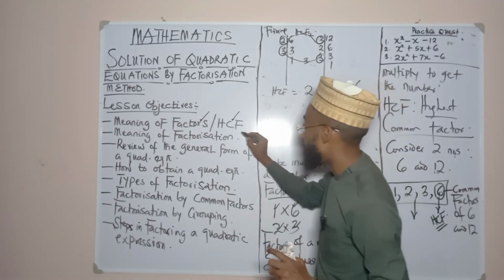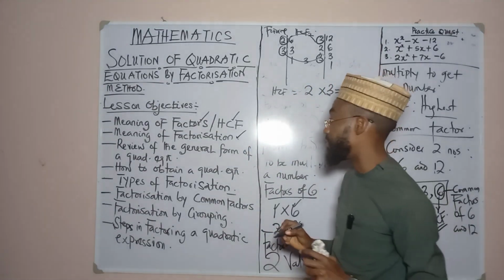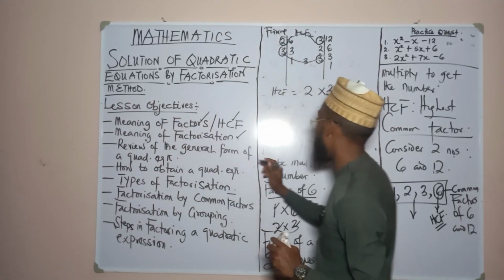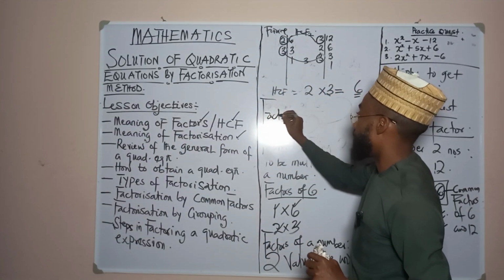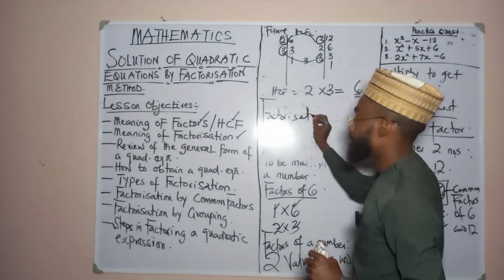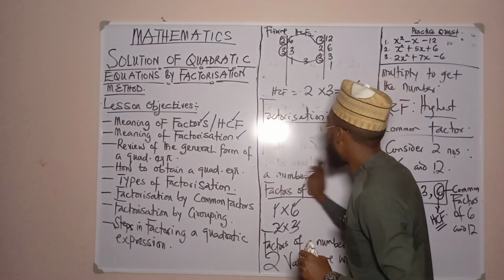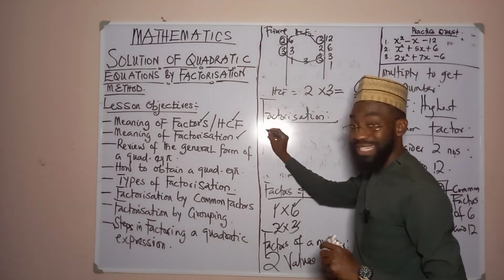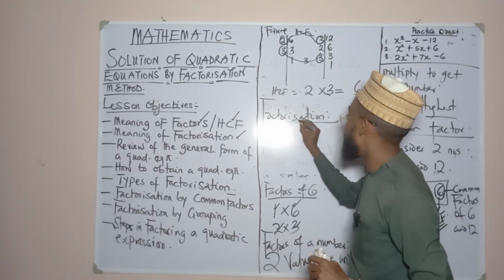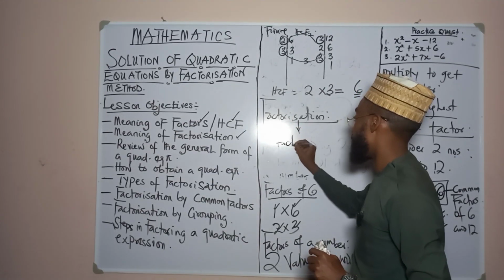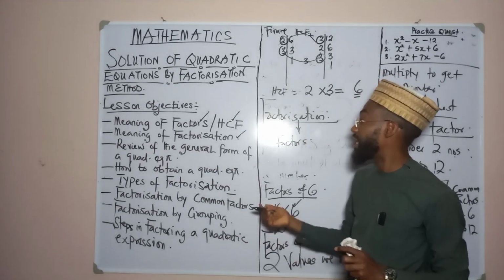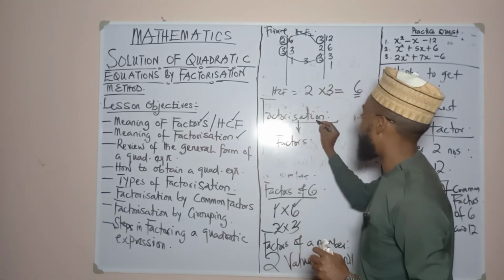Very, very important. We're going into the second objective now, which is meaning of factorization. I hope we're all together. Okay. So factorization is a word that is coined from factors. Now, what is factorization?